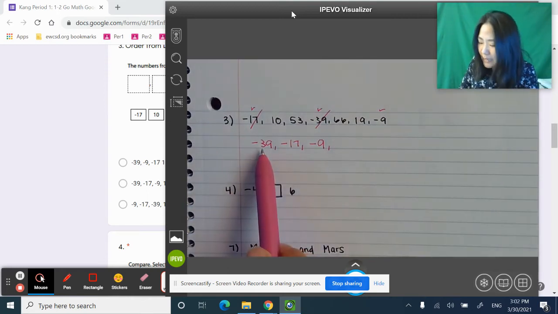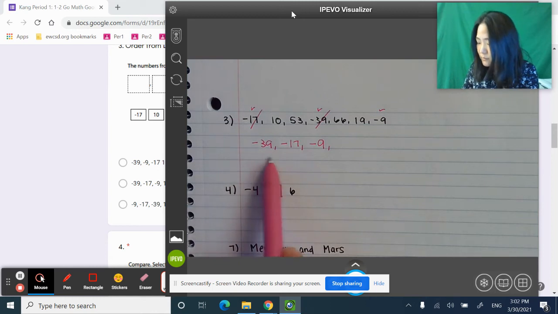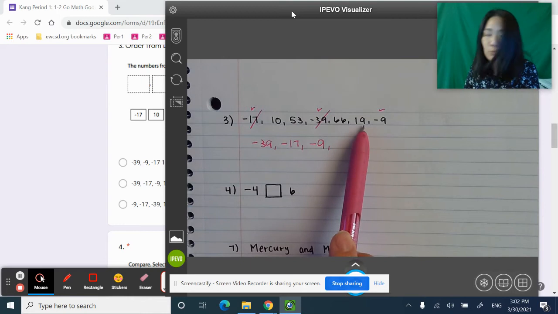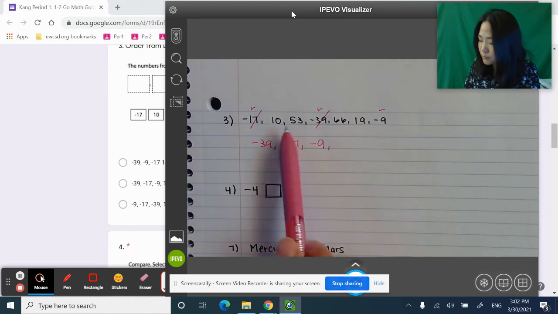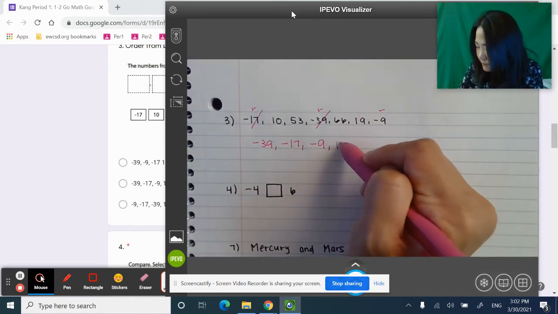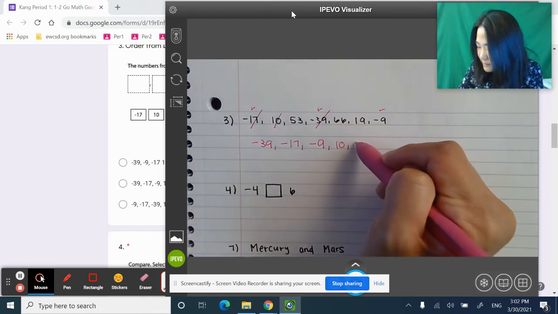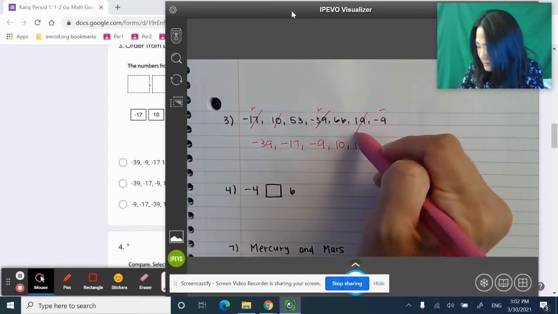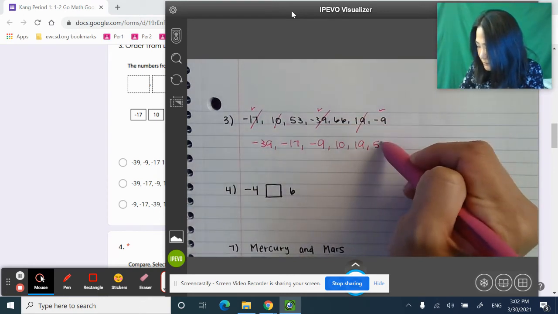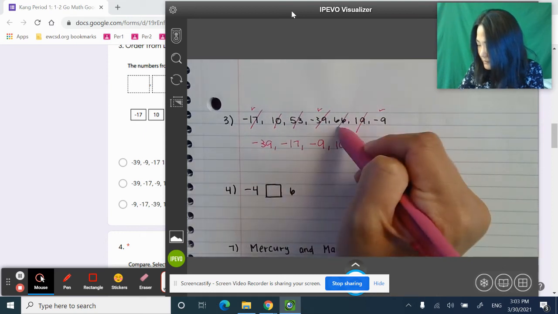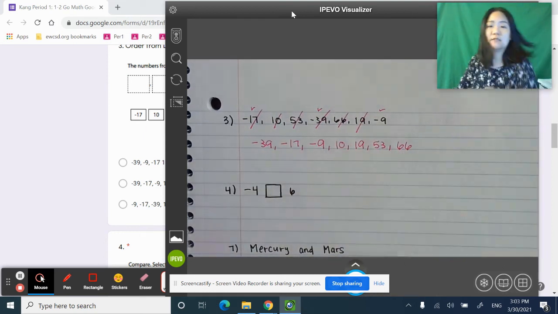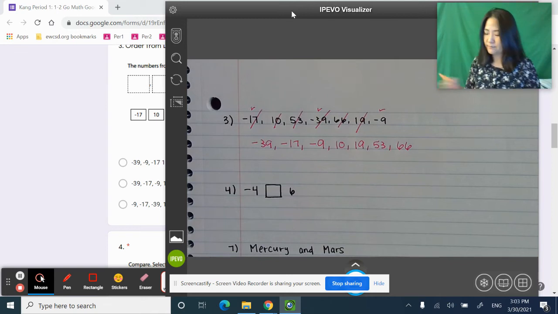And then I go from least to greatest, and the rest of the numbers are positives. So you just order them the usual way you do. So +10. The next one would be +19, and then +53, and finally +66.